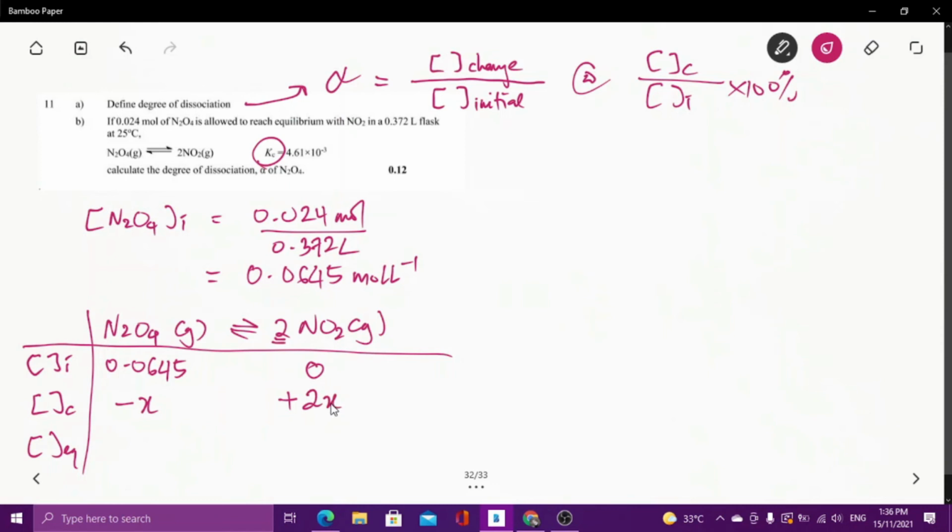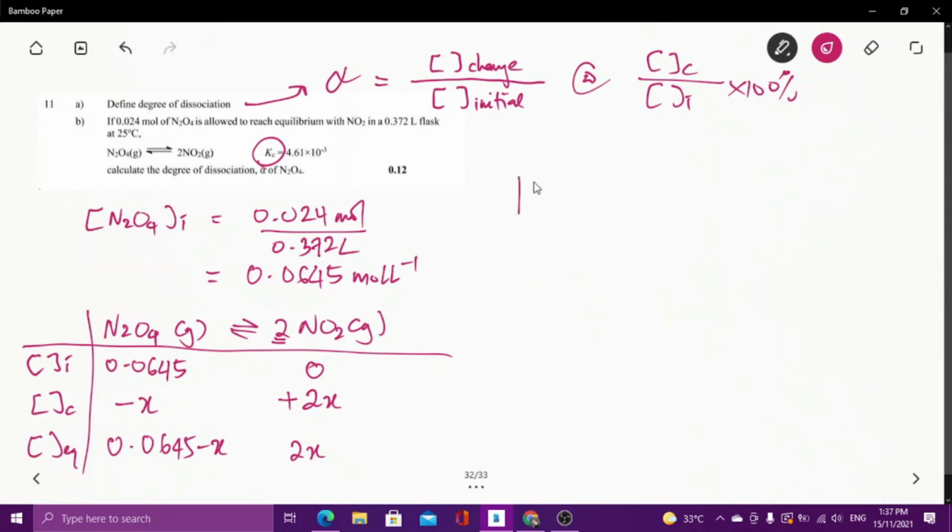Sebab peningkatan akan ada kadar 2 kali ganda because the ratio yang di hadapan NO2 tu adalah 2. So what we'll get at equilibrium is that the concentration of N2O4 is 0.0645 minus x. Manakala untuk NO2 we'll get 2x. So that's the value of concentration at equilibrium.